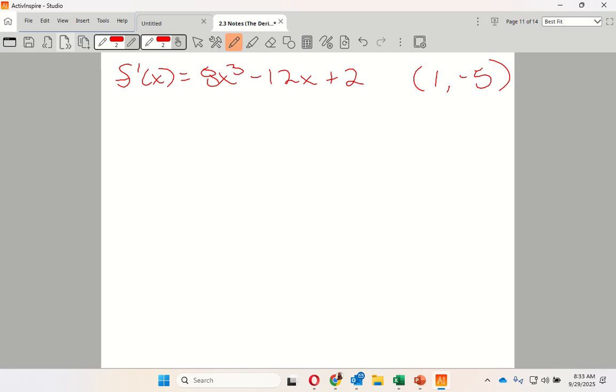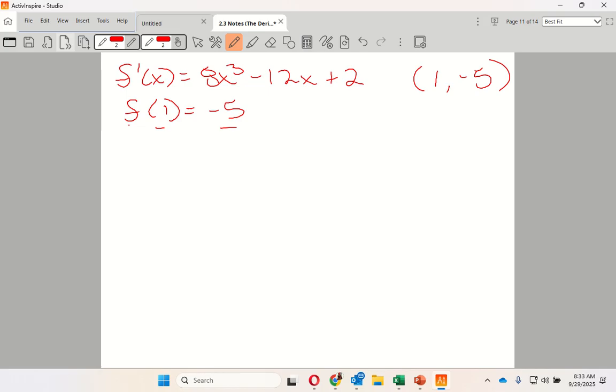This coordinate right here says that f of 1 should give me -5. My x and my y value from my original function. That's where I have to get those. Sometimes you're going to have to solve for those and get the y. You have to figure out where those are. Okay, so there's my x and my y.